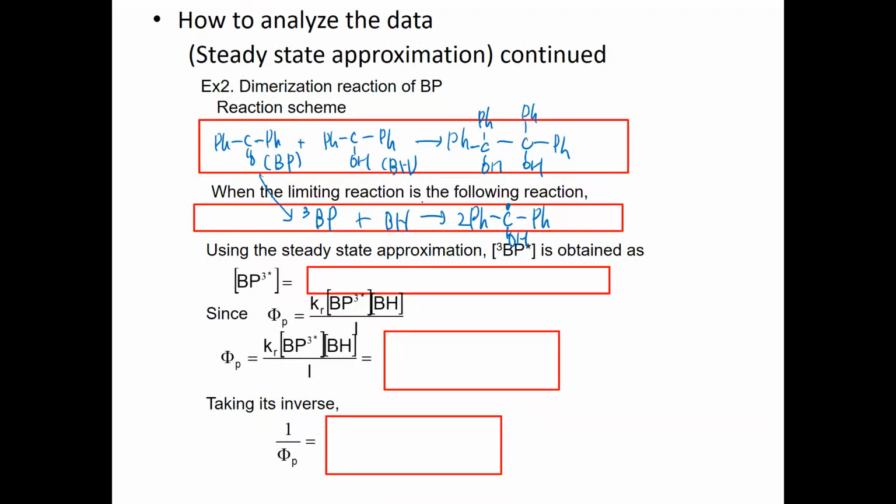And we define this KR reaction. And finally, it's coming to this.